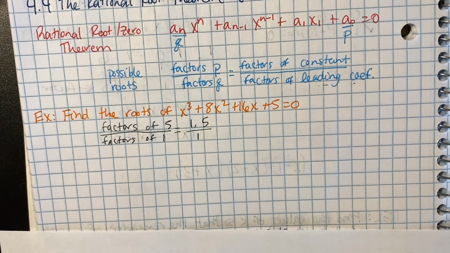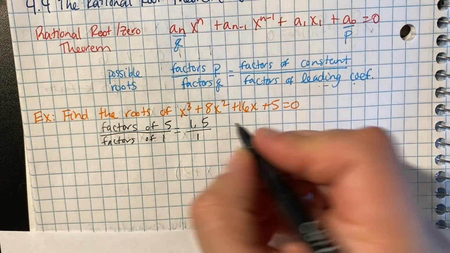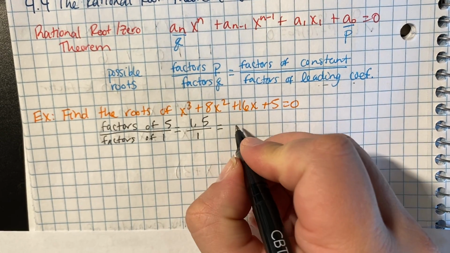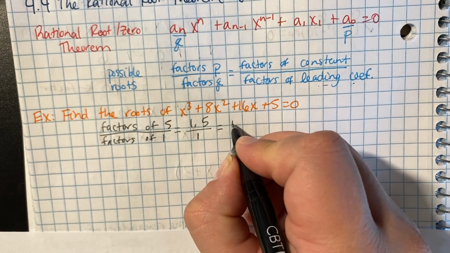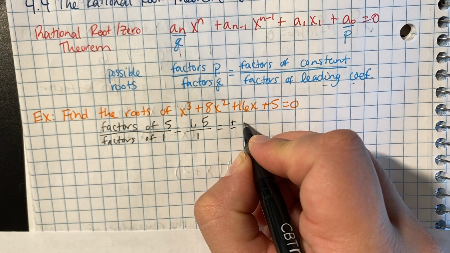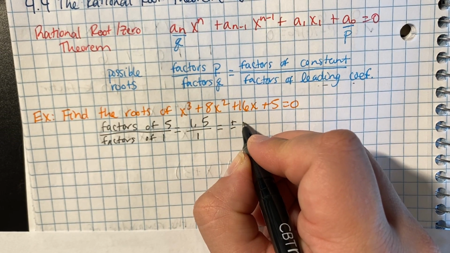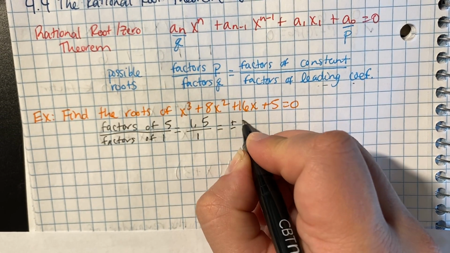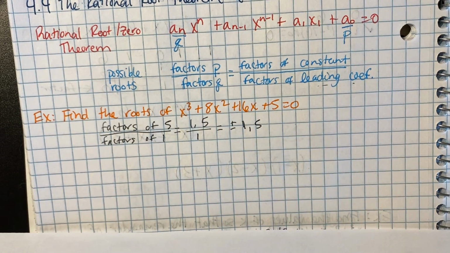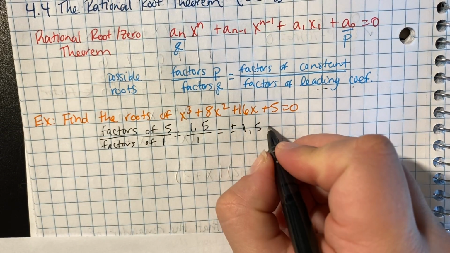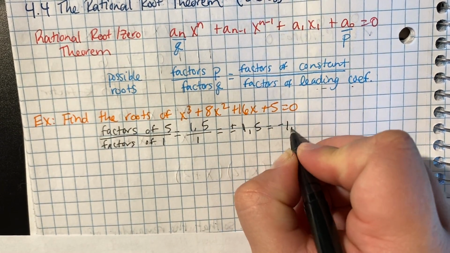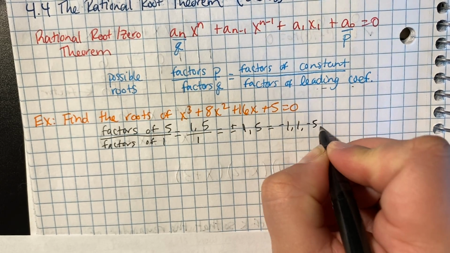So our possible answers for this equation are plus or minus 1 and 5. Or we could do -1, 1, -5, 5.